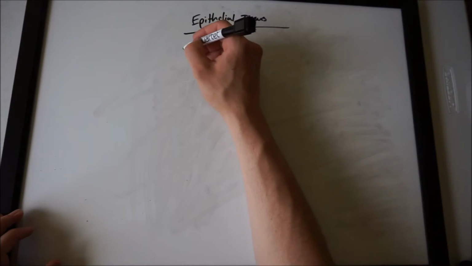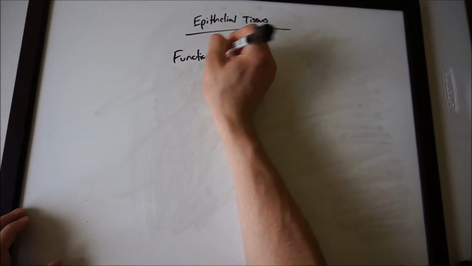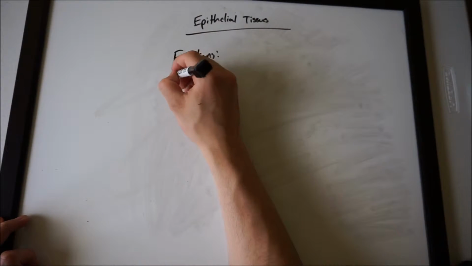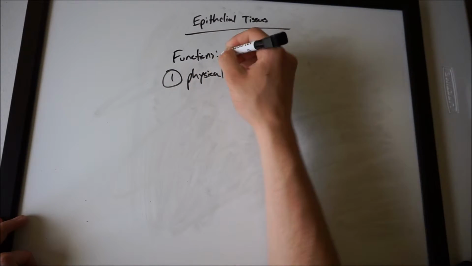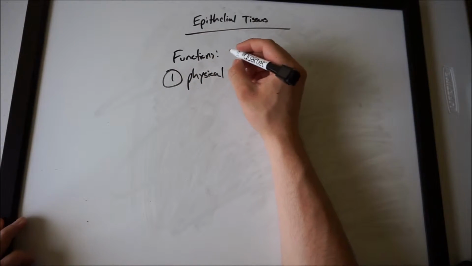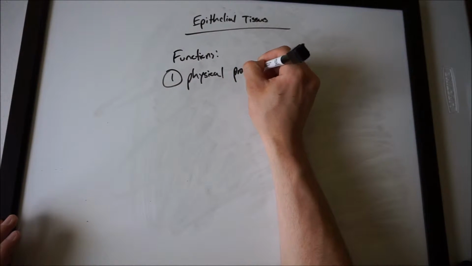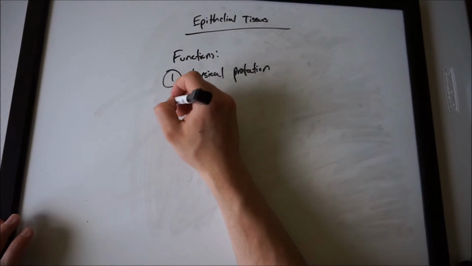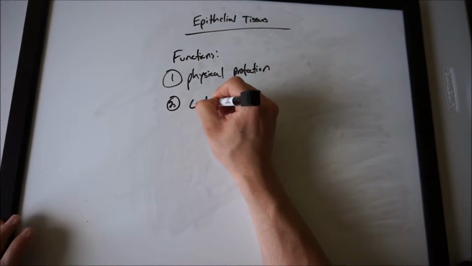So epithelial tissues really have four main functions, which include physical protection. This is such as our skin, which is a keratinized stratified epithelium. Our skin protects us from the outside environment, anything that might hurt us. It controls permeability.